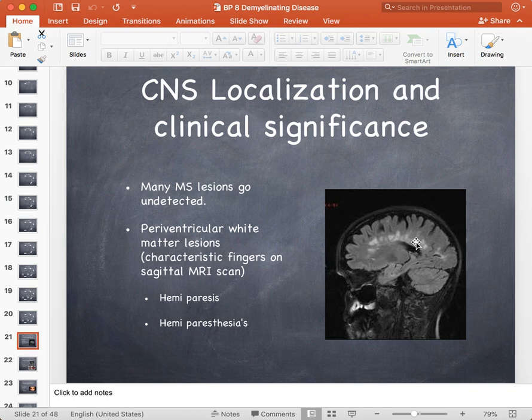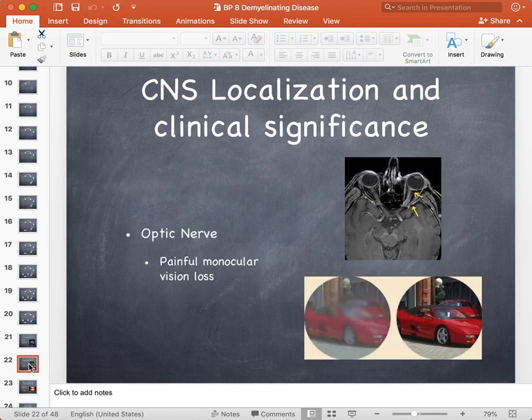And depending on where these plaques are, you can commonly get either hemiparesis, or weakness on one side of the body, or hemiparesthesias. A couple of other very classic demyelinating disease lesions, one of which is optic neuritis. This is an inflammation of the optic nerve.